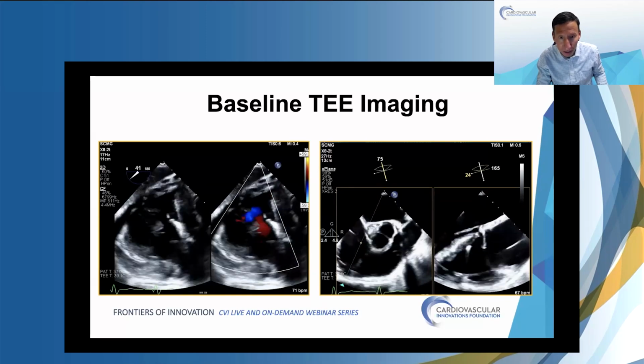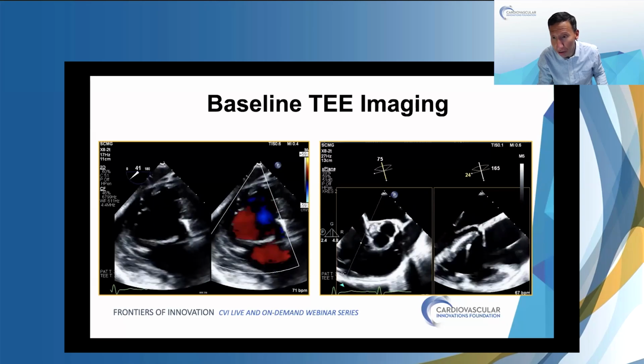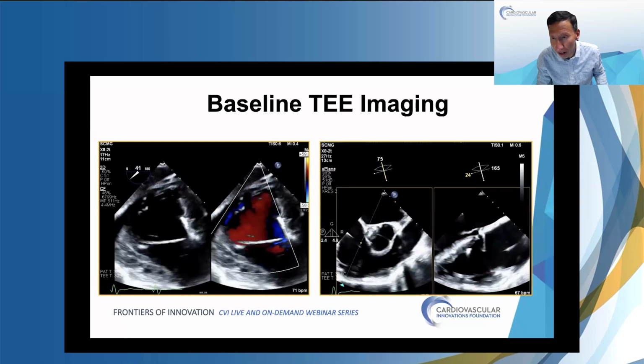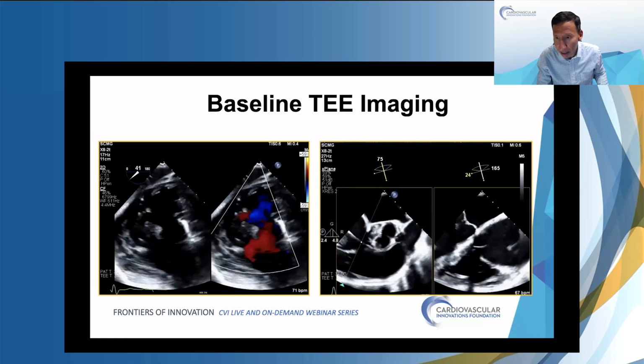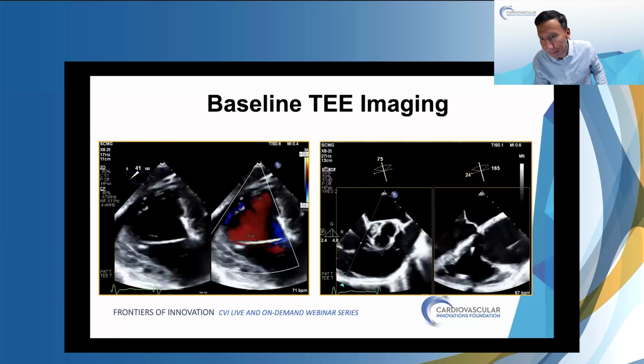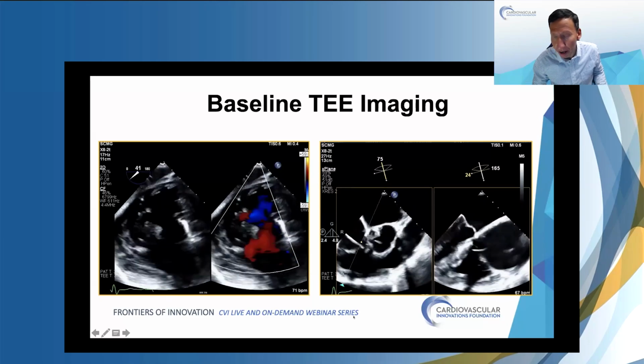And then on the right side of the screen, you have a biplane image. It's somewhat of a horizontal heart, which can make things a little more difficult. That means the image on the right just shows the RA and RV not straight up and down, but rather on its side.